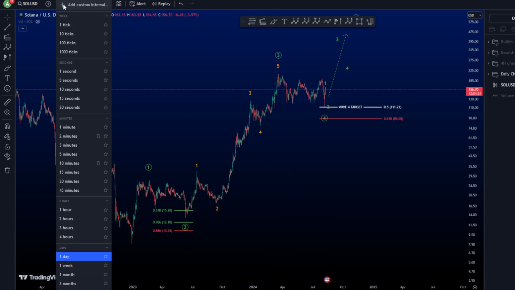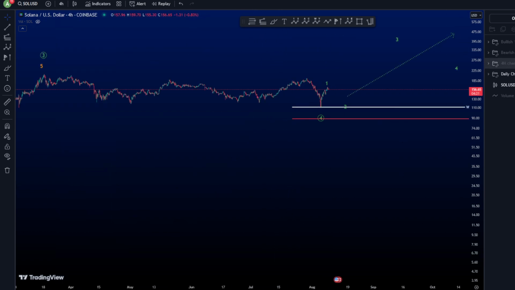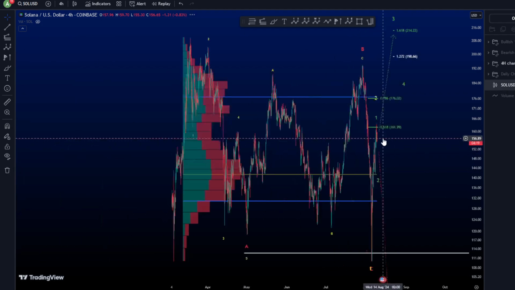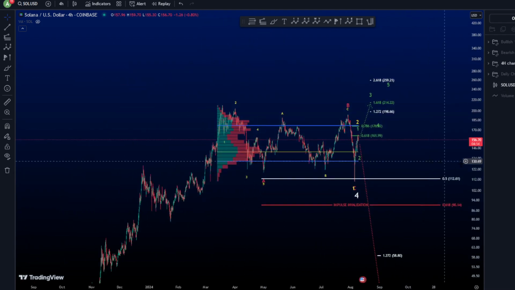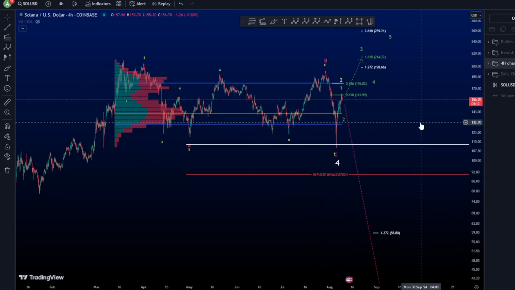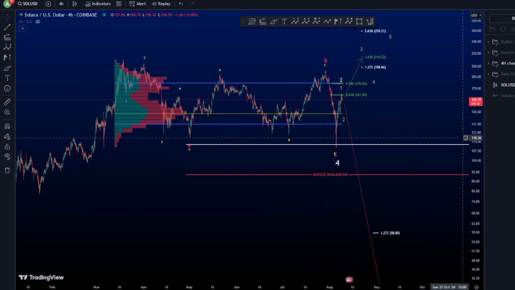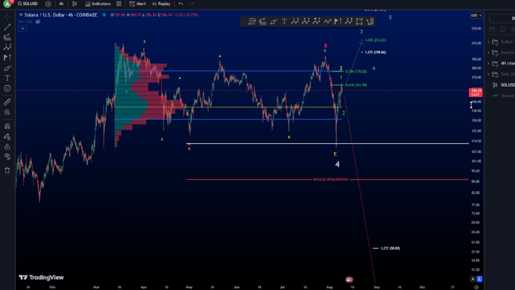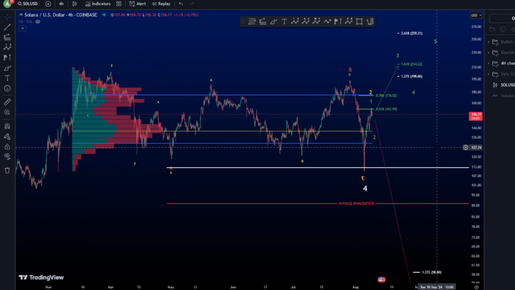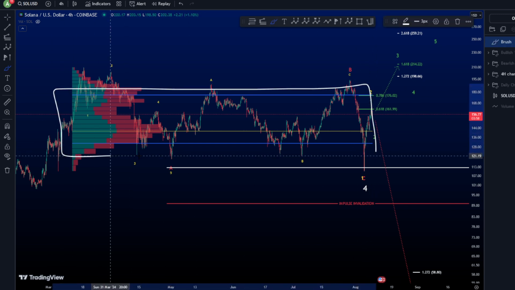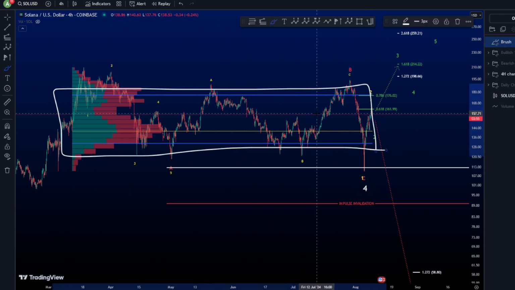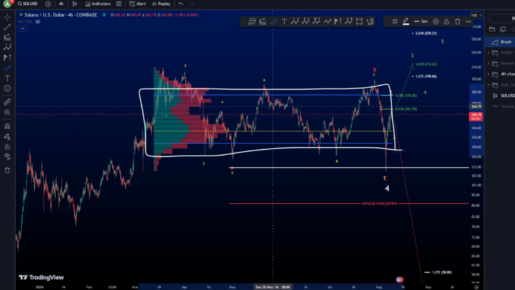However, if we move on inside the 4-hour chart, we can see exactly what's going on inside the correction, and it gives us an indicator that we are tending to be more bullish than bearish. The possibilities are higher for the bullish here. Why? Because we are still inside the battlefield, inside the range of the highest and lowest volume.